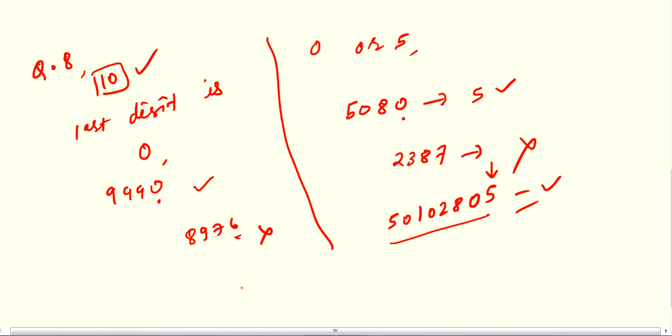Then question number 9, divisibility by 11. For divisibility by 11, take 68,770. What we have to do here is check whether the given number is divisible by 11 or not. The first number is 6, so write 6. After that 6, leave the next number. So after 6 we are leaving 8.